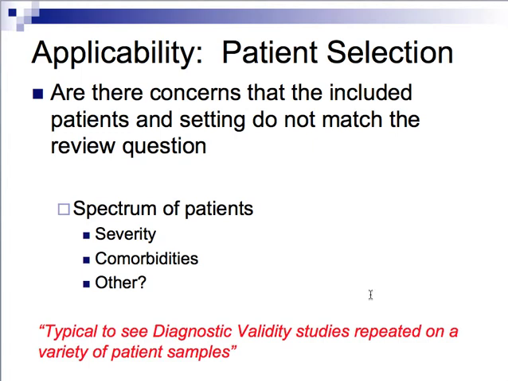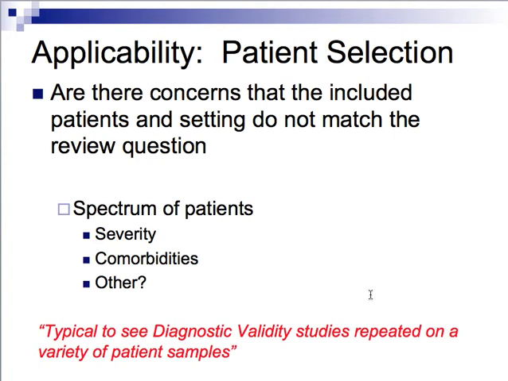It may be obvious to you that with people with more severe injuries, it's easier to diagnose the condition than with people with less severe injuries. So the severity of the sample matters, and you want to match the severity of patients that you see clinically. Also, the number of comorbidities that patients have can make the diagnosis more difficult.